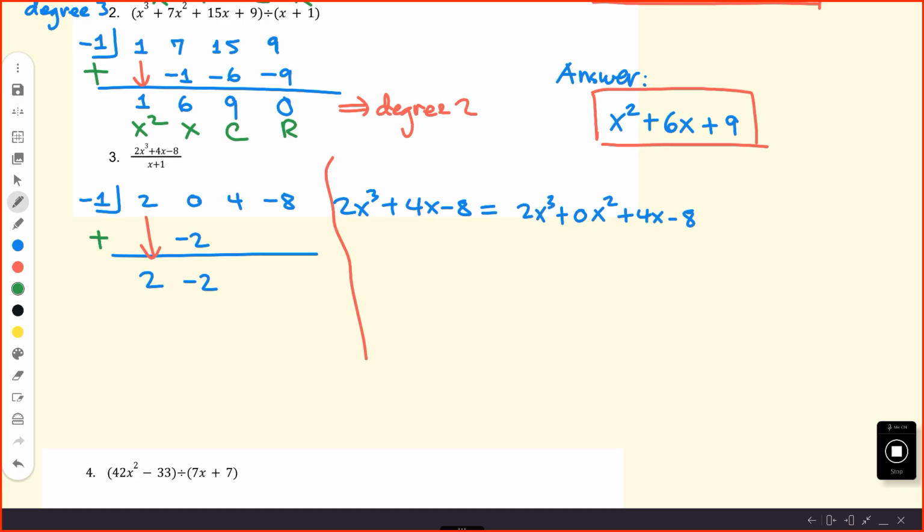And then negative 1 times negative 2 is positive 2. 4 plus 2 is 6. Negative 1 times 6 is negative 6. Right? And then negative 8 plus negative 6. Yeah, negative 14.